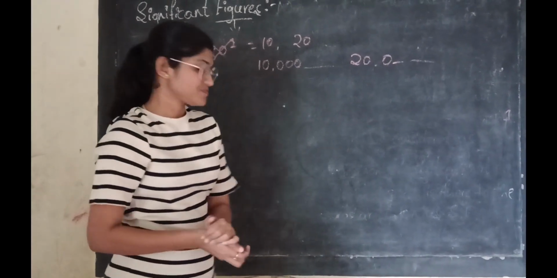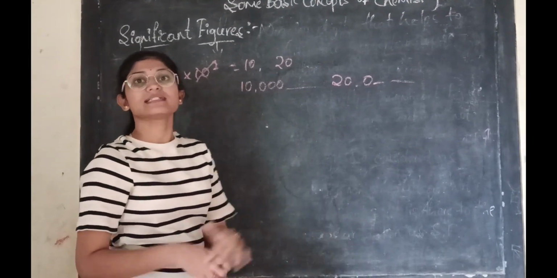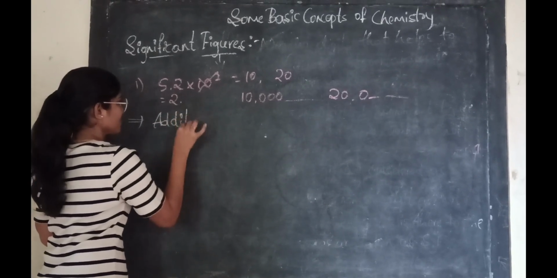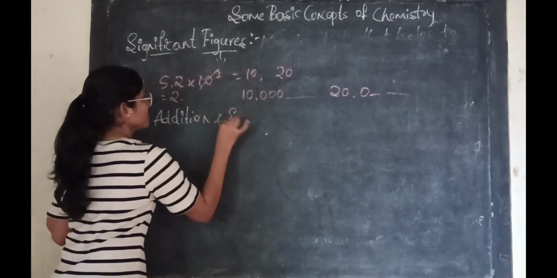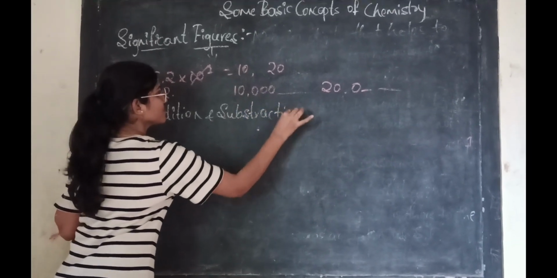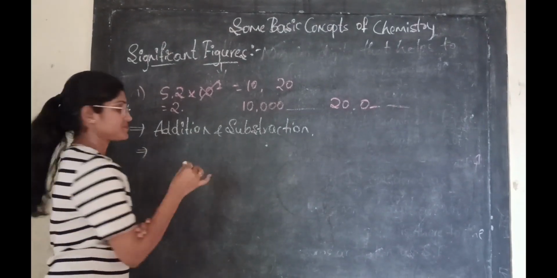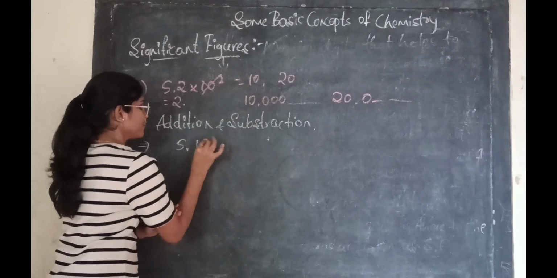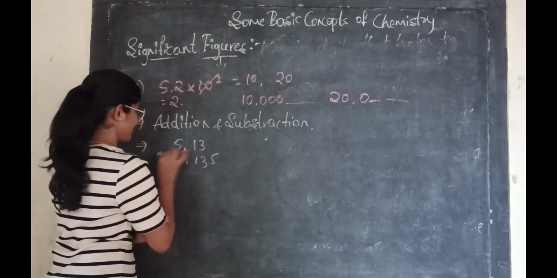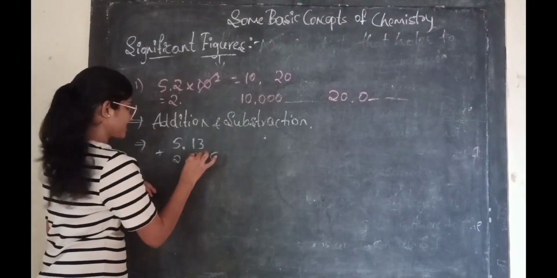Next we shall move to significant figures in addition and subtraction. For example, you are adding 2 numbers, 5.13 and 2.135.